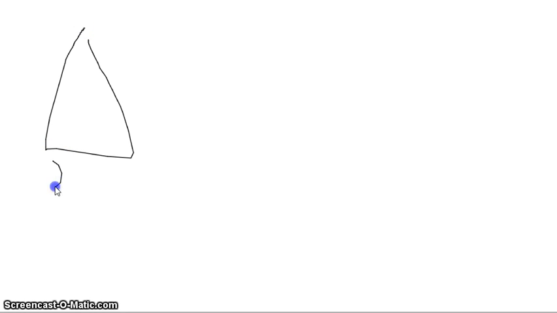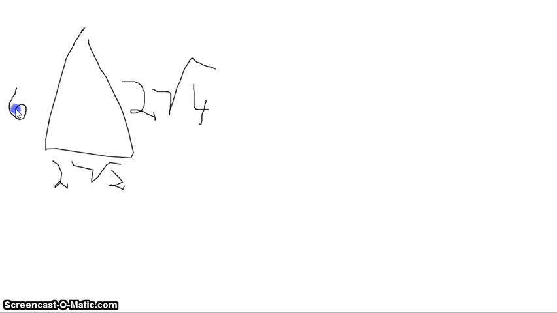So now we have 2 radical 2. Changes the numbers a bit: 2 radical 4 and 6 radical 3. Okay, so now we're doing the area of a triangle, which is half the base times the height.